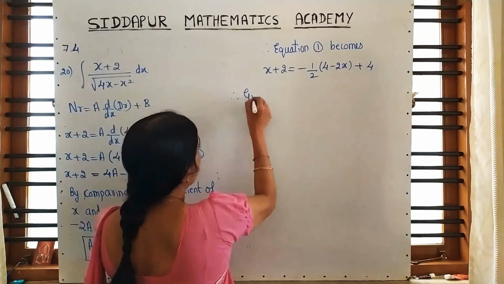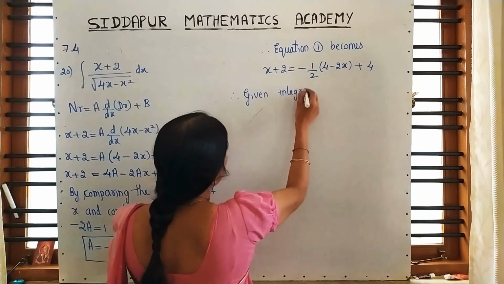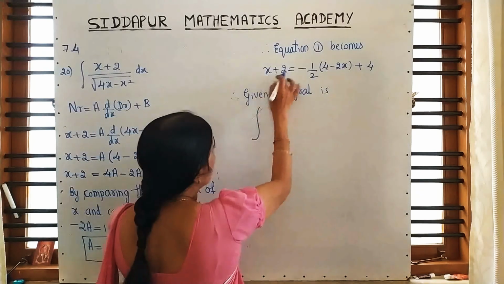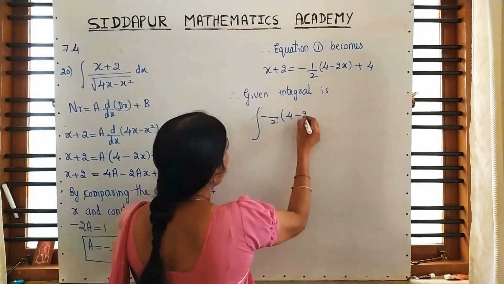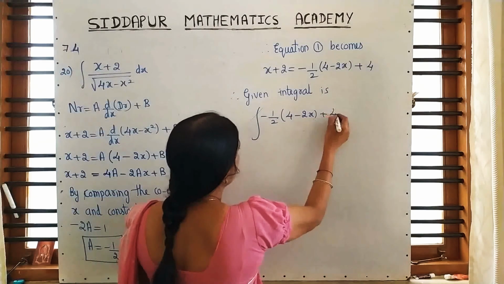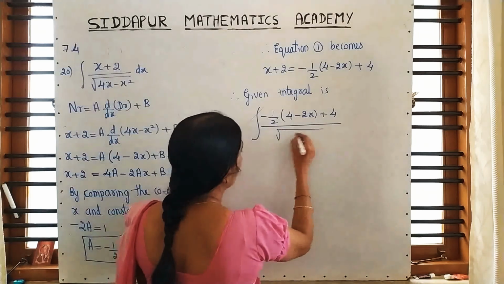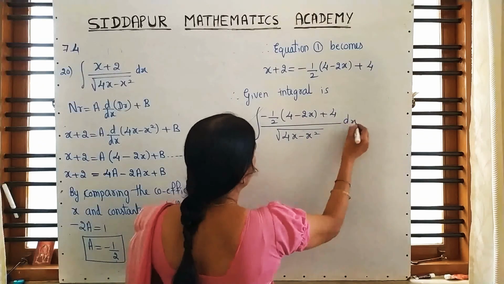Therefore, the given integral is integration of, in place of numerator, minus 1 by 2 into 4 minus 2x plus 4, whole divided by root of 4x minus x square into dx.